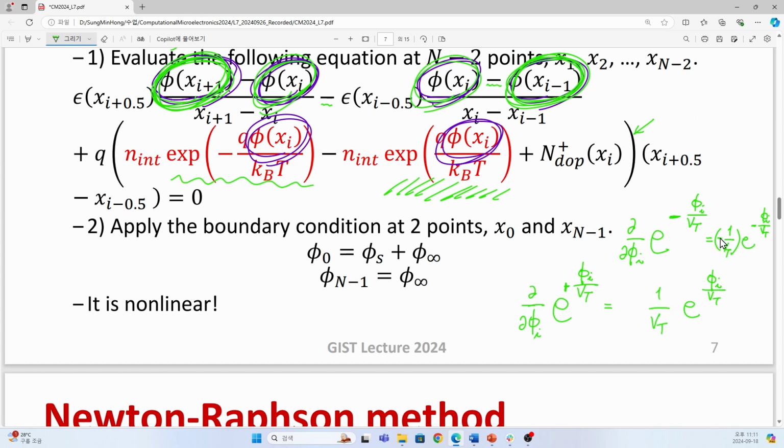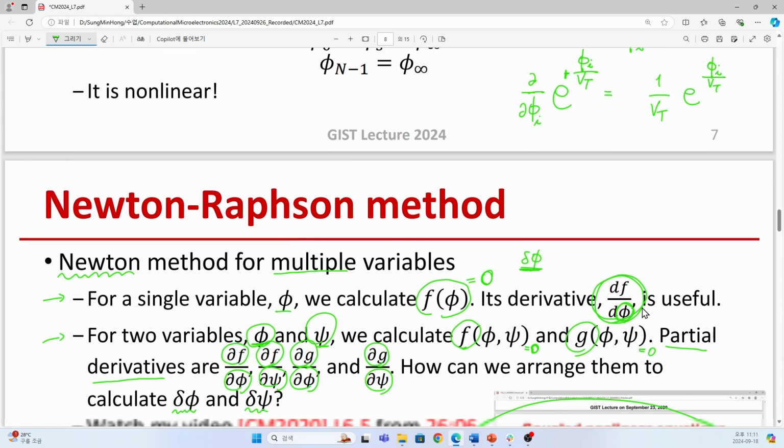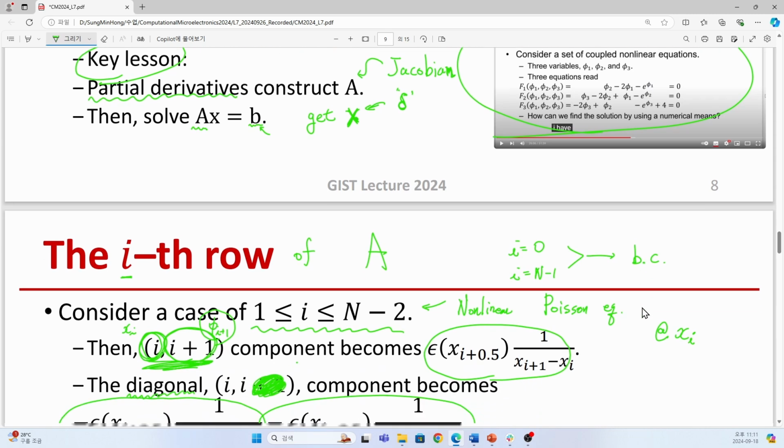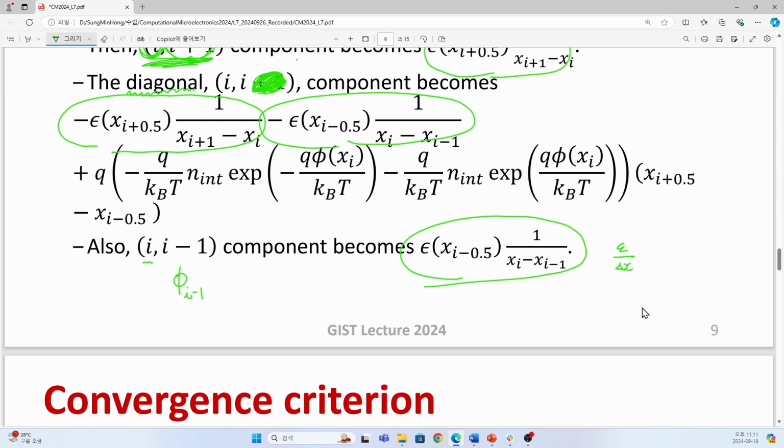Of course, the difference is a minus sign and a positive sign. Although it shows a severe non-linearity, analytically we can take the derivative with respect to phi sub i.